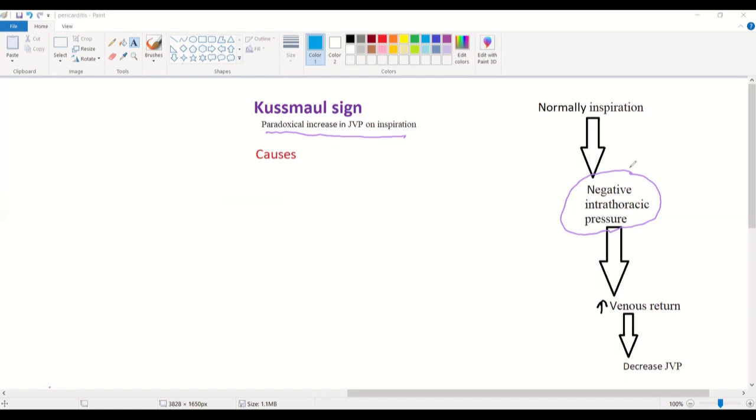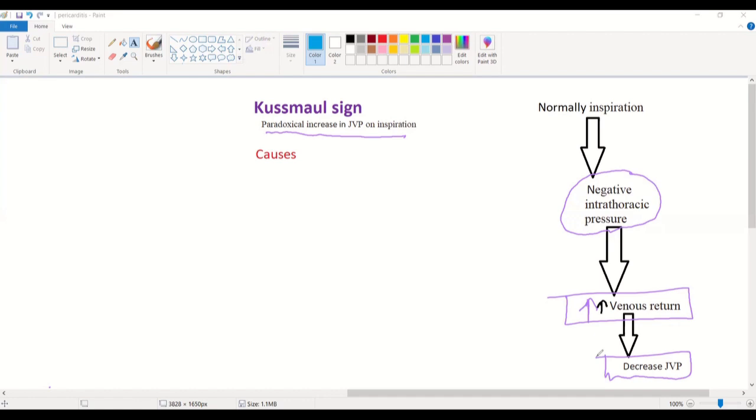When intrathoracic pressure is decreased, it leads to increased venous return, right? When there is increased venous return, it leads to a decreased JVP. So this is normally what happens.